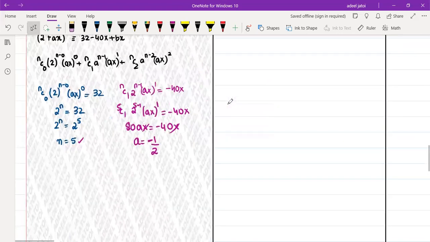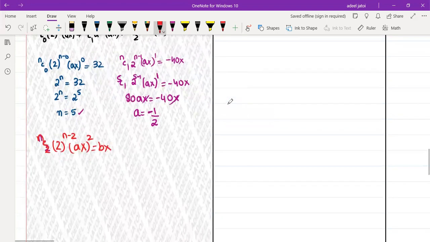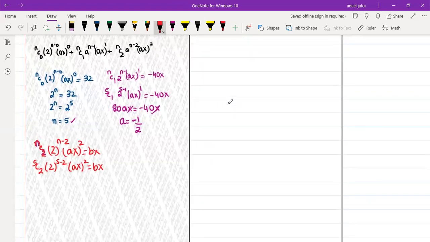Similarly, if we see nC2, 2^(n-2), (ax)^2 is equal to bx^2. And we know that n is 5, so 5C2, 2^(5-2), (ax)^2 should be bx^2.